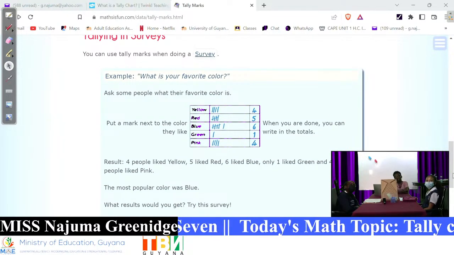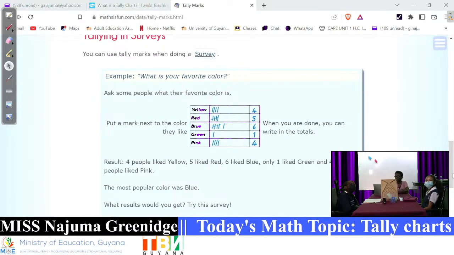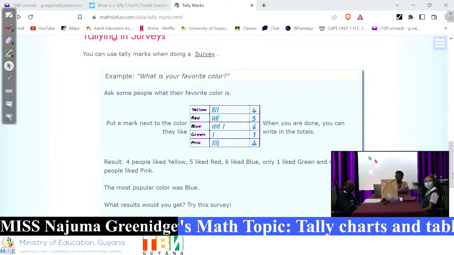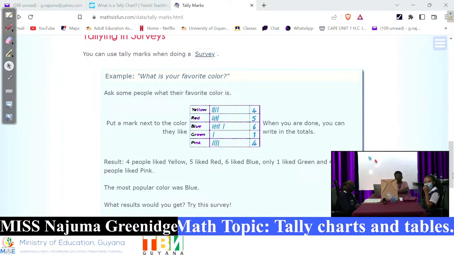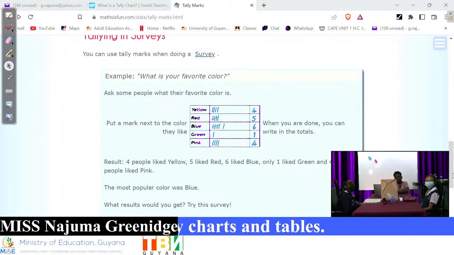In this particular table, we're looking at somebody's favorite color, and we're exploring 5 different colors: yellow, red, blue, green, and pink. And notice the 4 tally marks there. Number-wise, that is the number 4. The 5 tally strokes, the number is 5. The 1 bundle of 5 and 1 is actually 6. 1 is representative of 1.